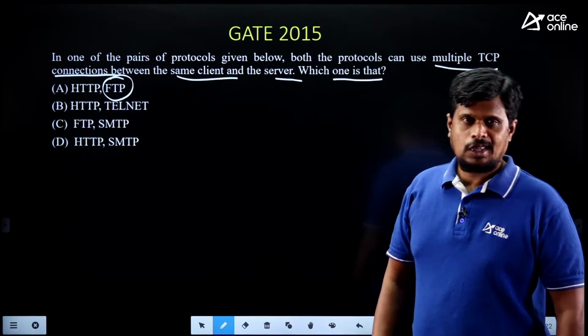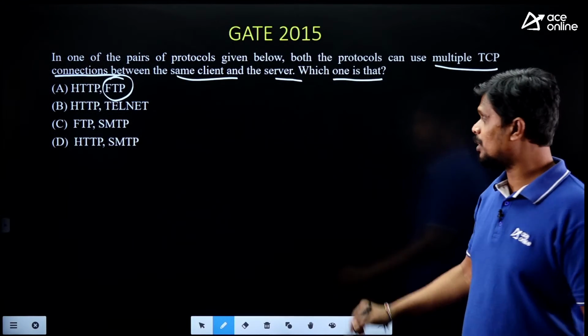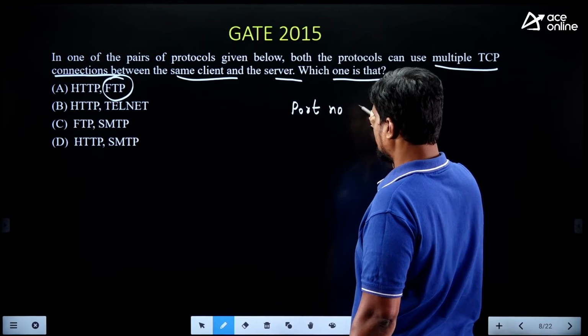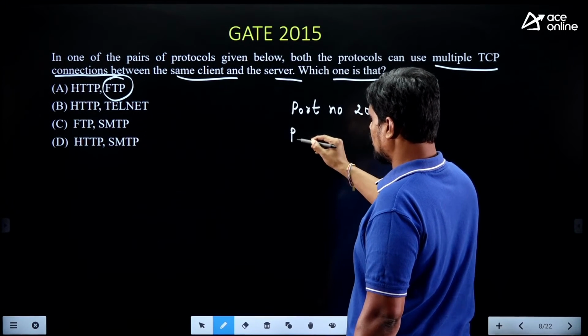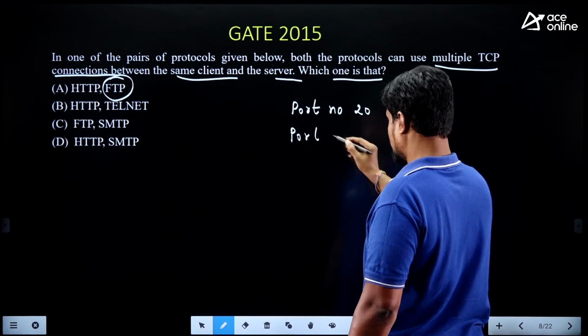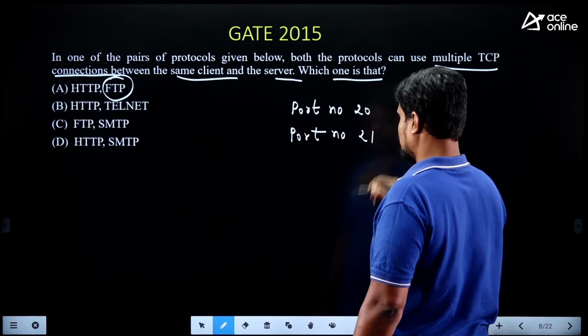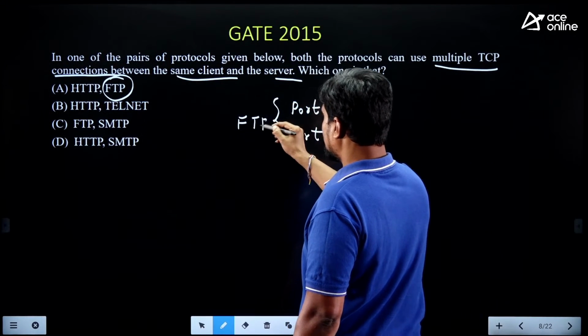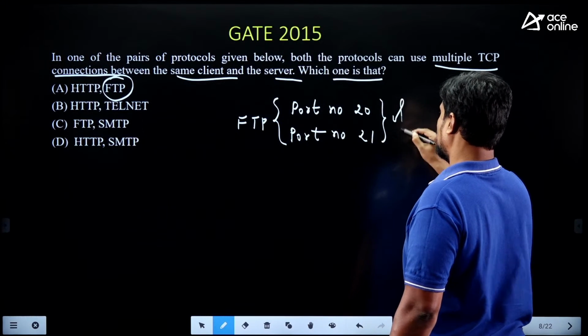Try to recall. FTP uses TCP port number 20 and port number 21. Both are used by the FTP protocol, and these two port numbers are of TCP only.